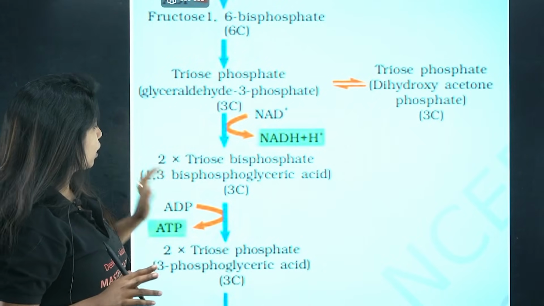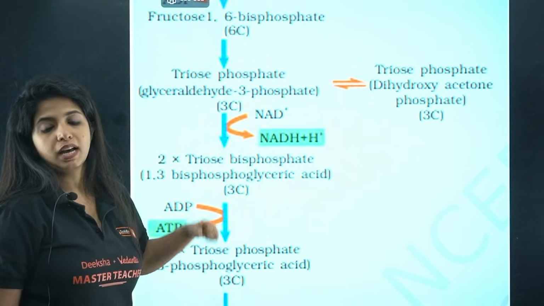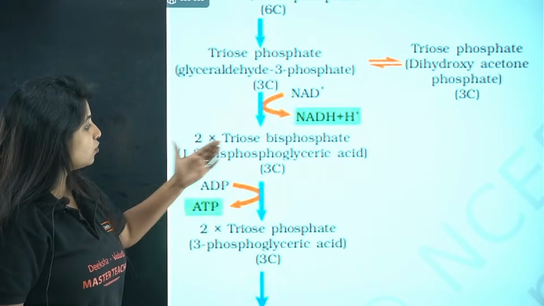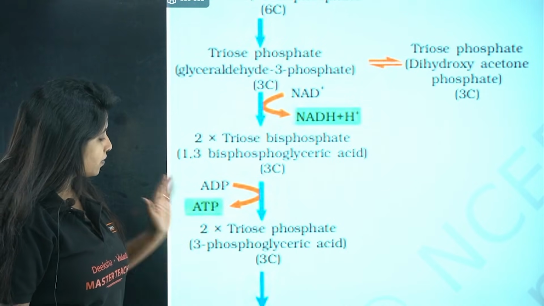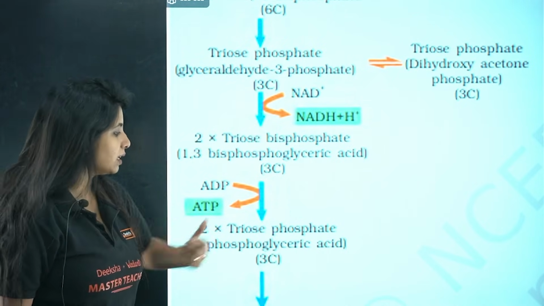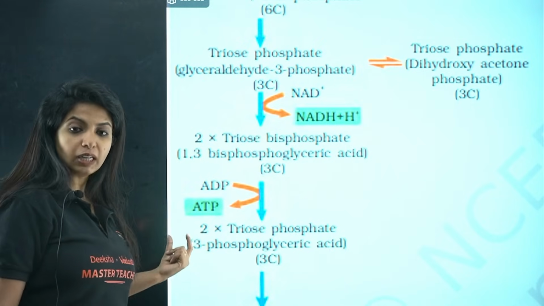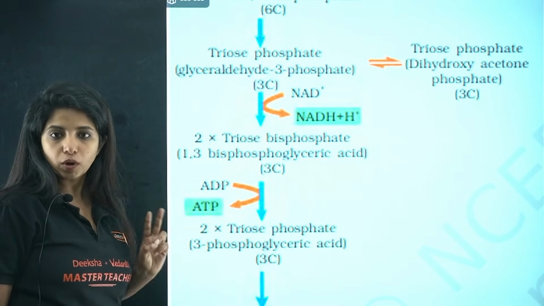Those are converted into 1,3-bisphosphoglyceric acid. What do you call it? 1,3-bisphosphoglyceric acid. Now the 1,3-bisphosphoglyceric acid over here is converted into the other thing, that is 3-phosphoglyceric acid. And how many of them? 2. The 3 denotes the positioning, but how many molecules do you have? You have 2 molecules of this.